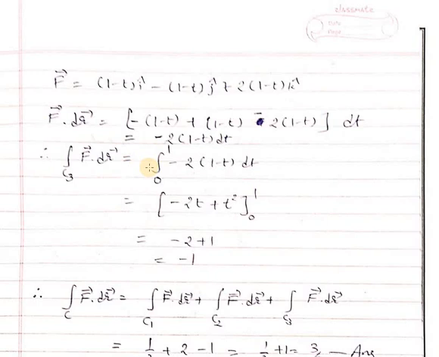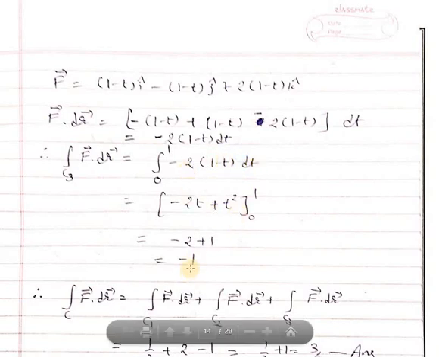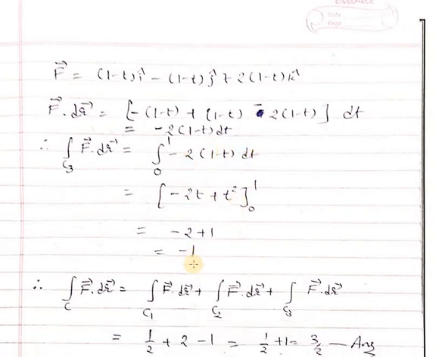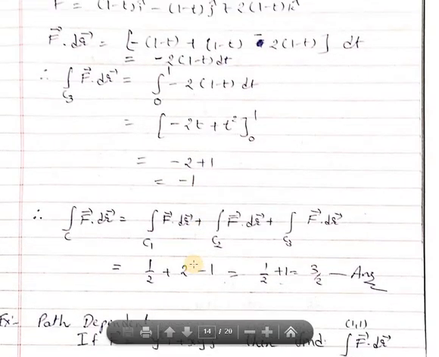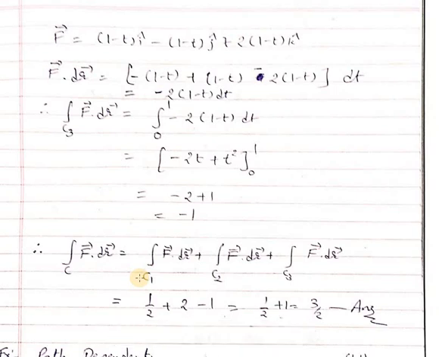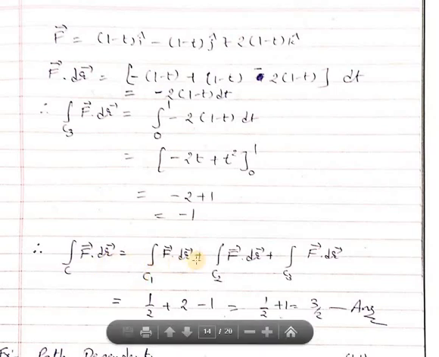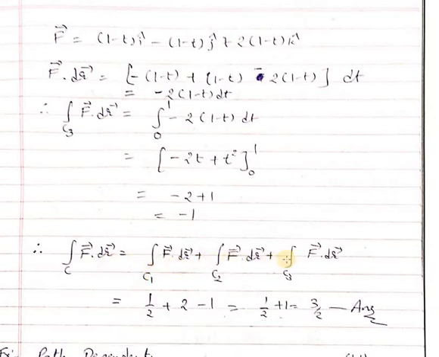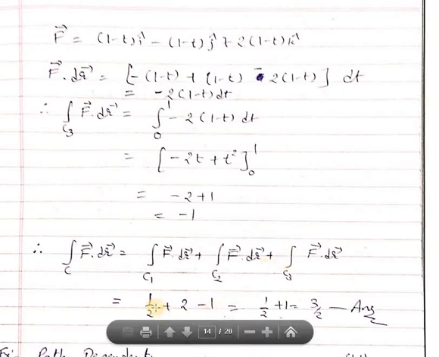So the integral of F dot dr is the integration from 0 to 1 of minus 2 into (1 minus t) dt. Integrating and simplifying, that will give you the answer minus 1. So the final integral of F dot dr will be the integration over C1 plus the integration over C2 plus the integration over C3, and that will give you 1 by 2 plus 2 minus 1. So the final answer is 3 by 2.